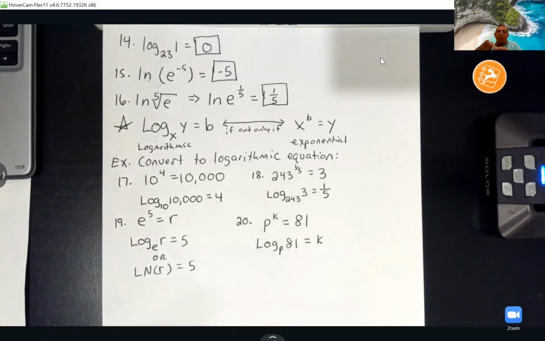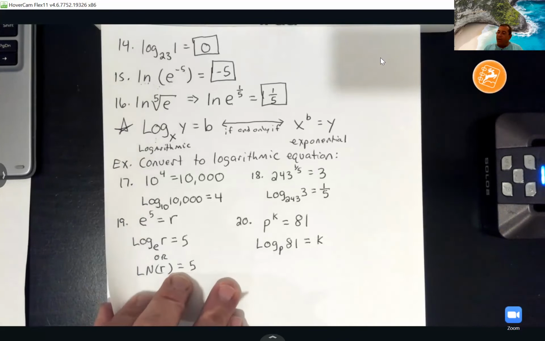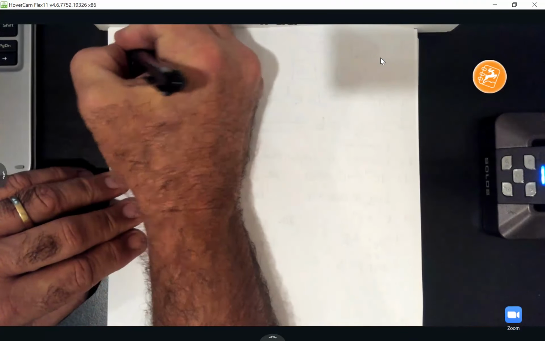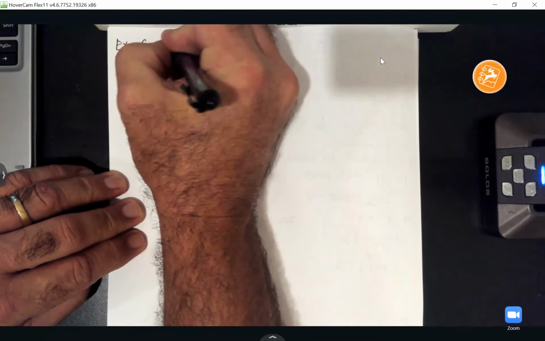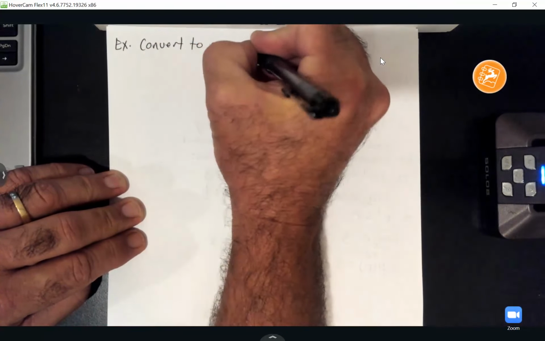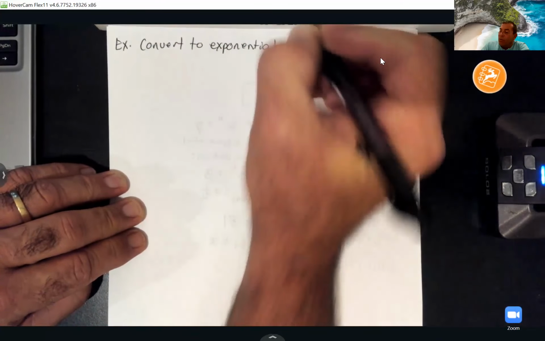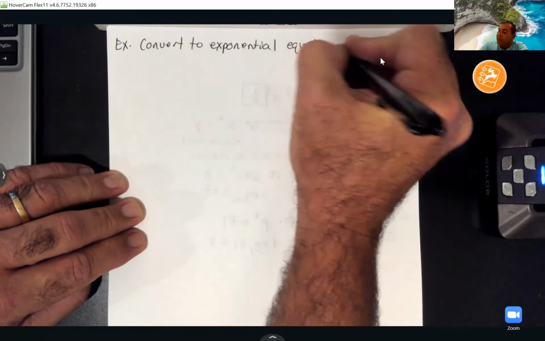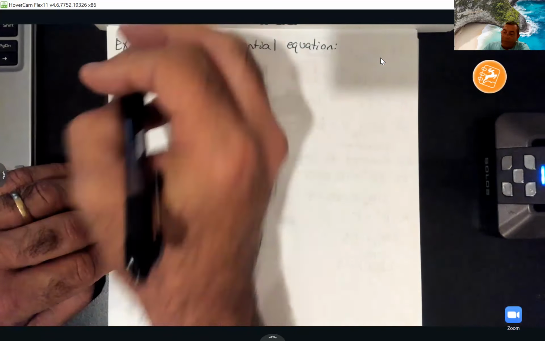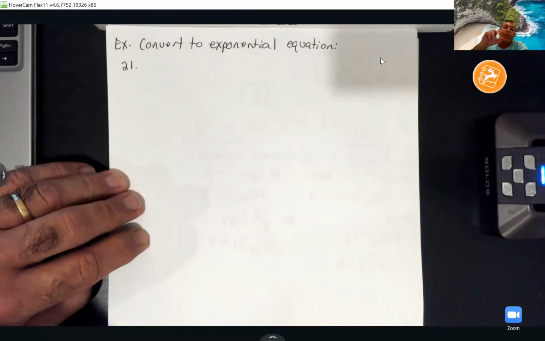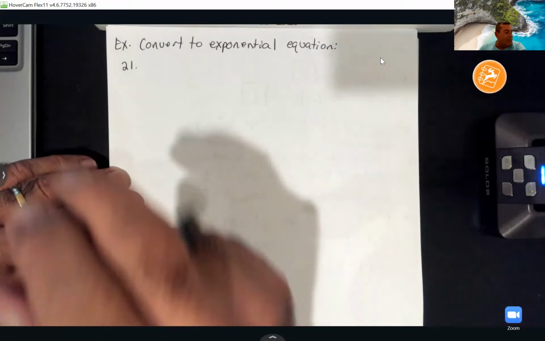All right, y'all. Then they want us to go the other way. So we're going to convert to an exponential equation. They're going to give me the log and we write it as exponential.